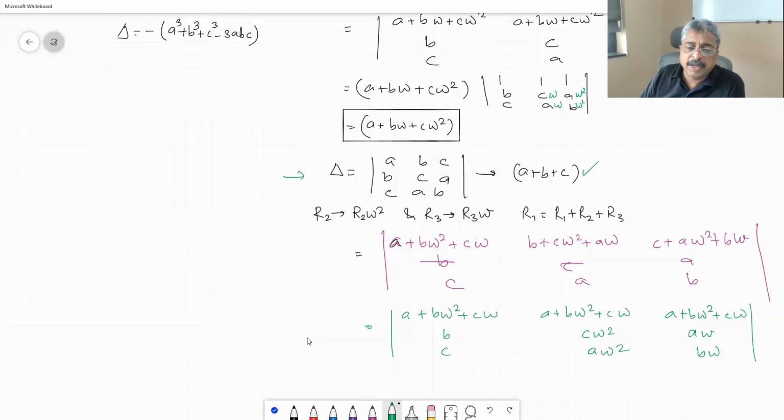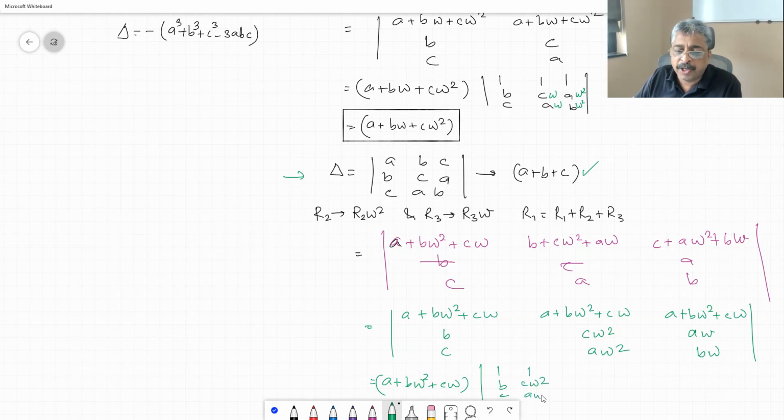Okay, and hence I can pull A plus B omega square plus C omega out as a common factor, and then I am left with 1 BC, 1 C omega square, A omega square, 1 A omega, B omega as a factor.